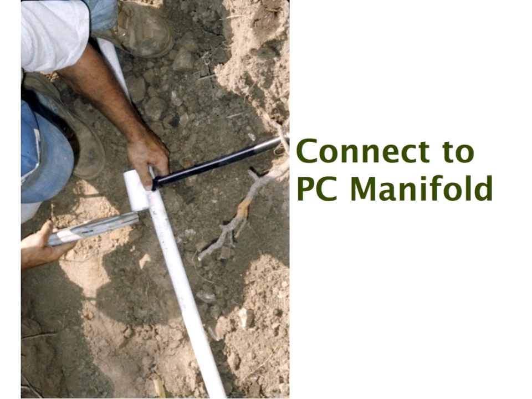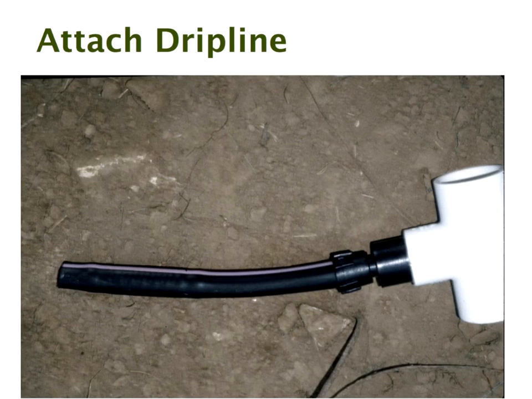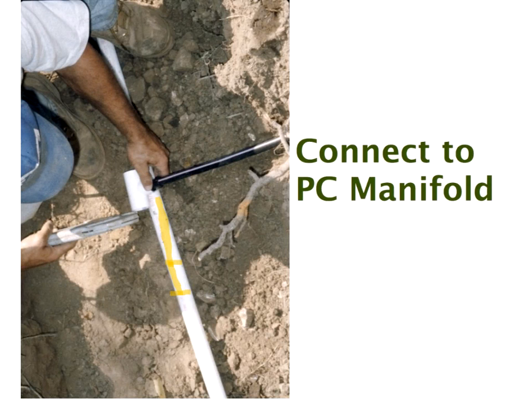Sometimes, as I said earlier, people will build this manifold with the tees already glued in the shop, and then they will have to take this polyethylene pipe, the drip line, and shove it in there and hook it up, instead of doing it this way around. It's whatever your contractor prefers to do.